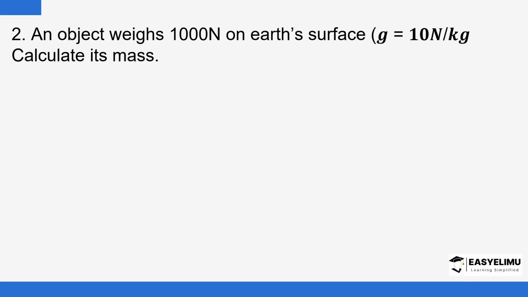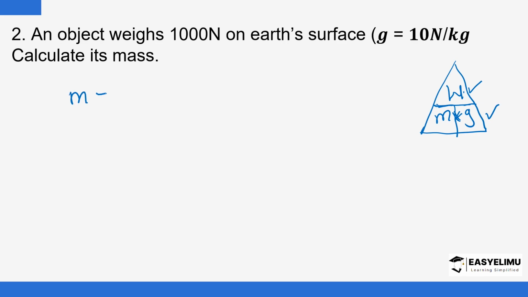There is another one here where we have an object that weighs 1,000 newtons on the Earth's surface. You're supposed to calculate the mass. So what I'll do with this is to draw the formula triangle. So you have W equals mass times gravity. Now we want to find mass, so it will be the W up there divided by gravity.